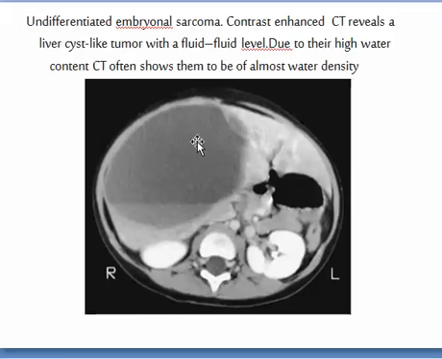This occurs also in infancy and childhood period, and this is the third differential for liver masses in the young age. Undifferentiated embryonal carcinoma is a cyst-like tumor with blood precipitated fluid level due to their high water content. Often they show to be almost water density.